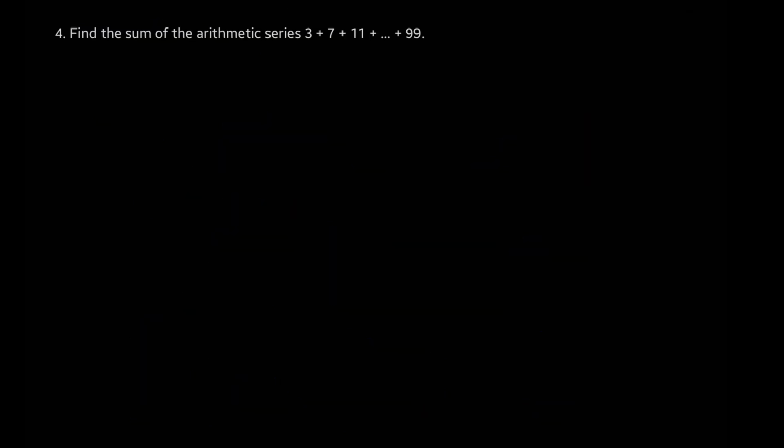So we'll be moving now to arithmetic series. This asks, find the sum of the arithmetic series 3 plus 7 plus 11 and so on and so forth until we get 99. So let's just write the formula real quick.